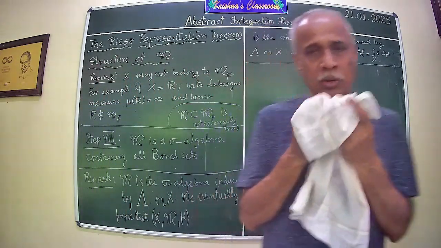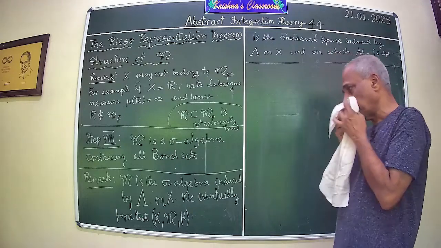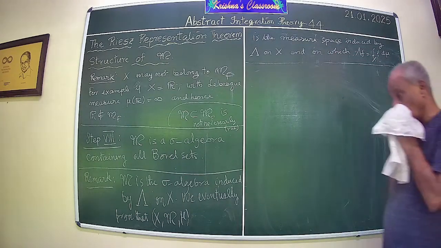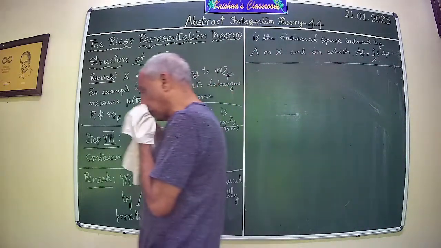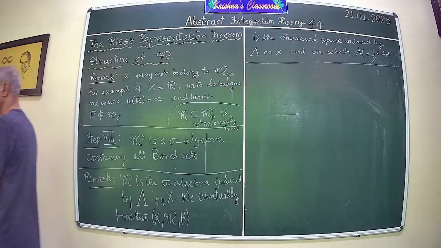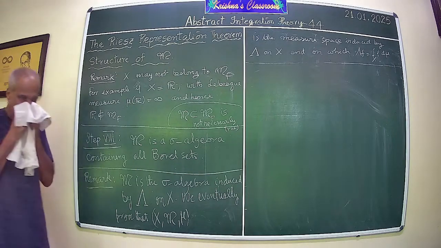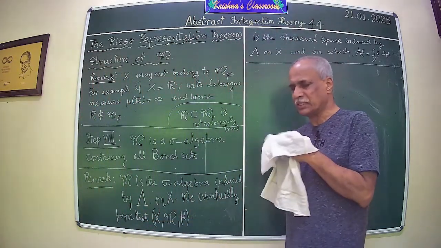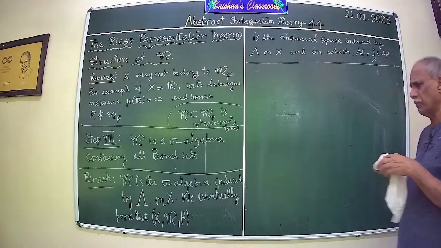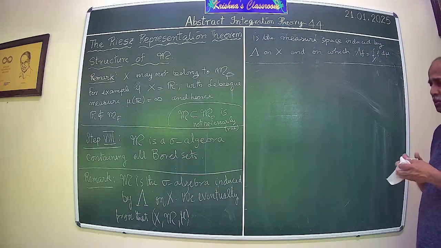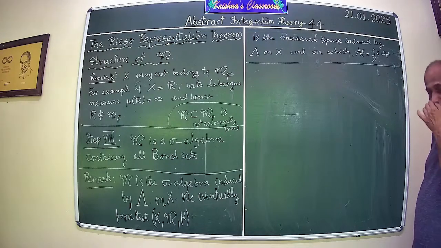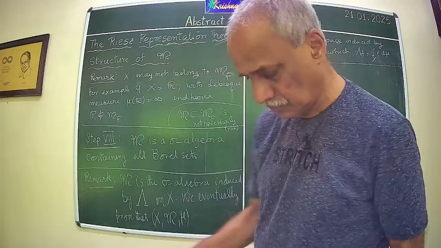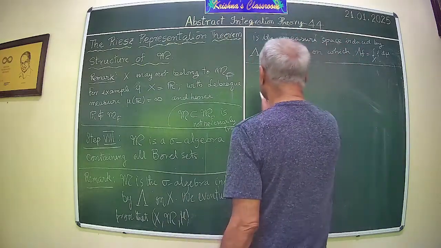Or more generally, we have to show that M is closed under countable union and countable intersection. Countable intersection would follow from the fact that if A belongs to M, then A complement belongs to M. Okay, so these are the things that we have to prove.